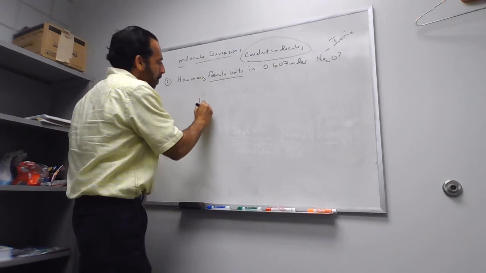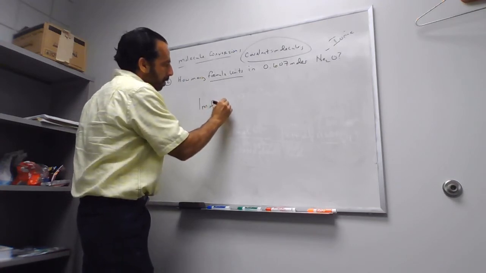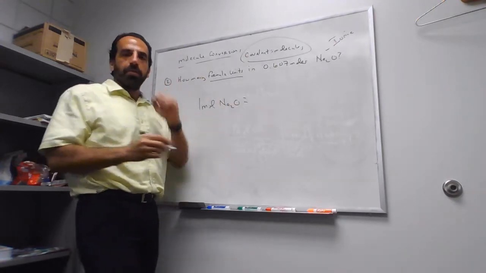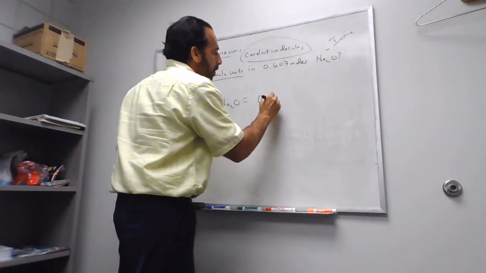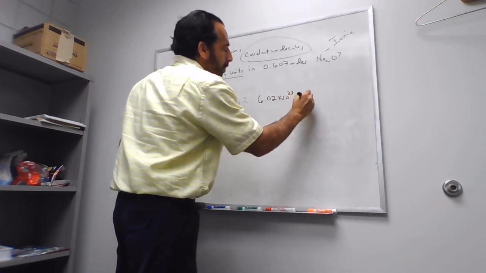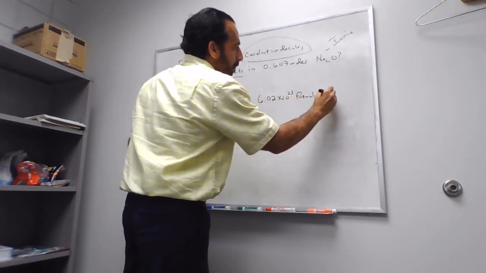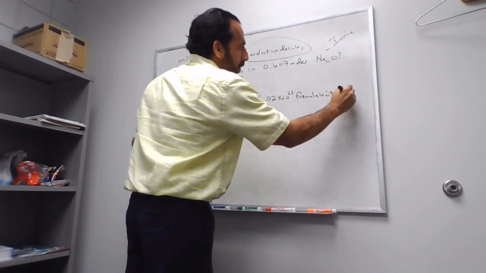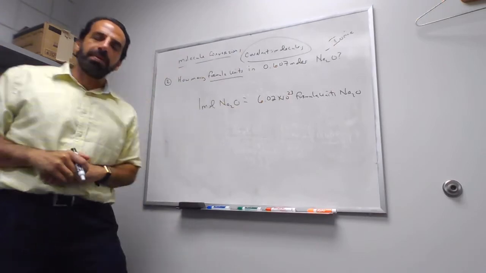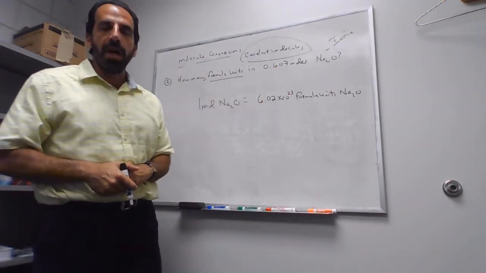So 1 mole of sodium oxide. Again, remember, 1 mole with Avogadro's. That's all you have to know. And that's equal to 6.02 times 10 to the 23rd formula units of sodium oxide.